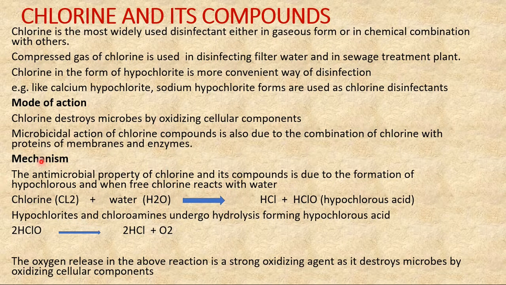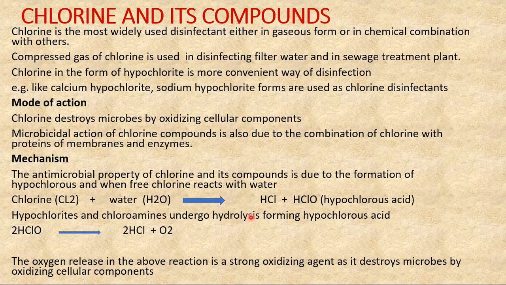Then coming to the mechanism of chlorine action, the antimicrobial property of chlorine and its compounds is due to the formation of hypochlorous acid. When free chlorine reacts with water, it gives rise to hypochlorous acid. Chlorine plus water gives hypochlorous acid.